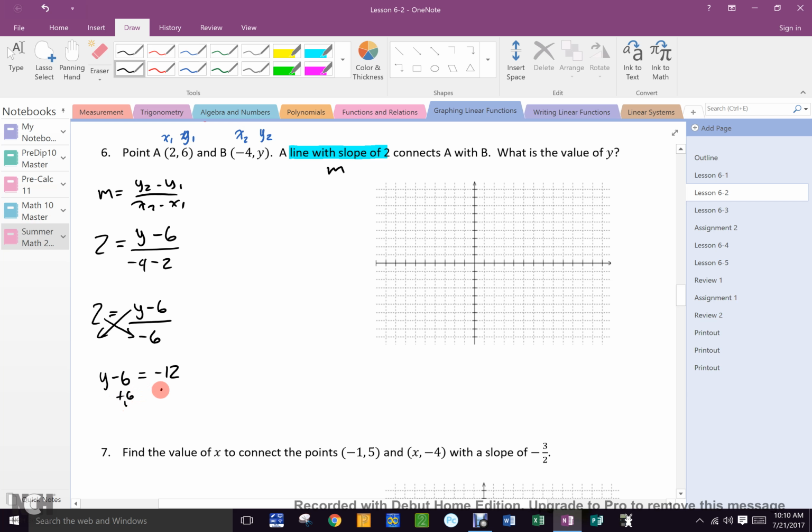Add 6 to both sides. y equals negative 6. So now I have the point, don't I? So my 2 points are (2, 6) and (negative 4, negative 6). Can I graph it now? 2, 2, 6, and negative 4. 1, 2, 3, 6, negative 6, and I connect the dots. Is everybody good?